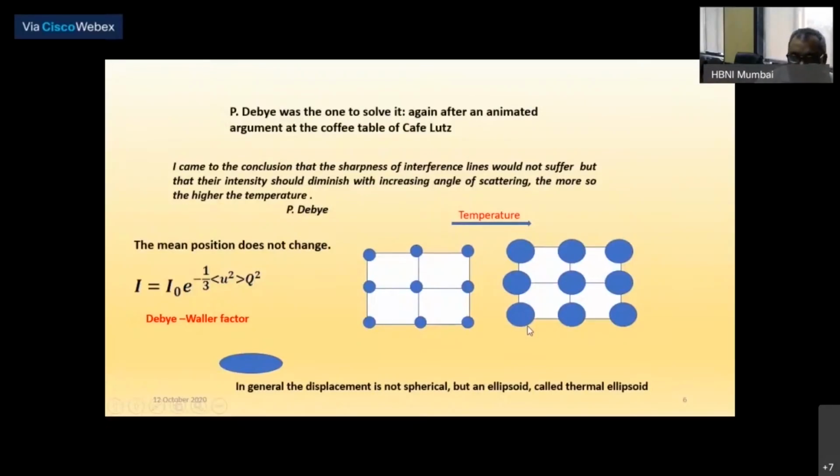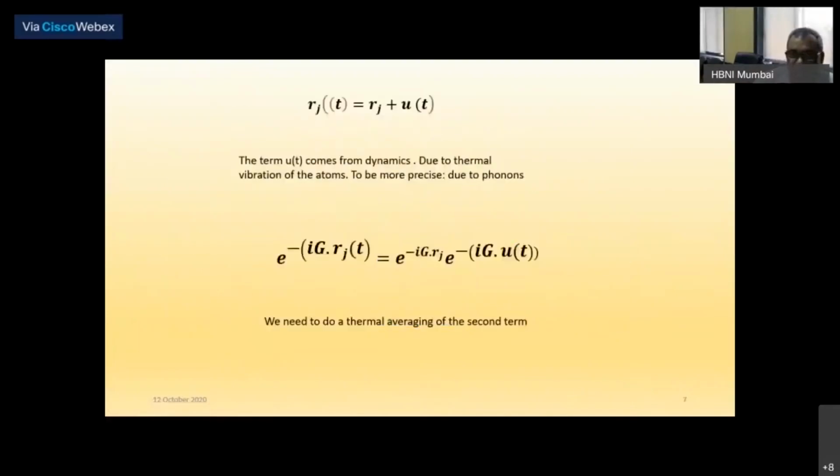If you see the picture on the left hand side, if there was a form factor associated with this distribution, the form factor will be falling faster, and that's what Debye said. And we can try to look at it and work it out. So when an atom or molecule is in position at a time t, R_j(t) has got two parts.